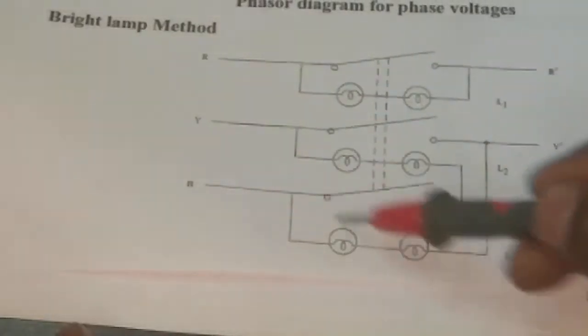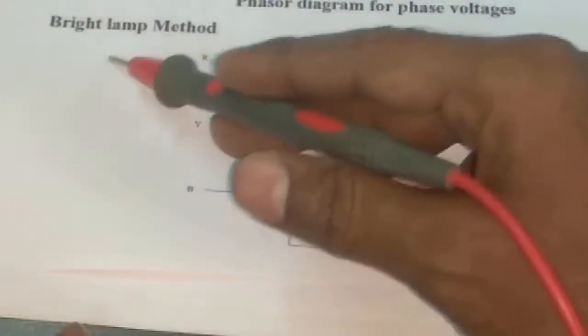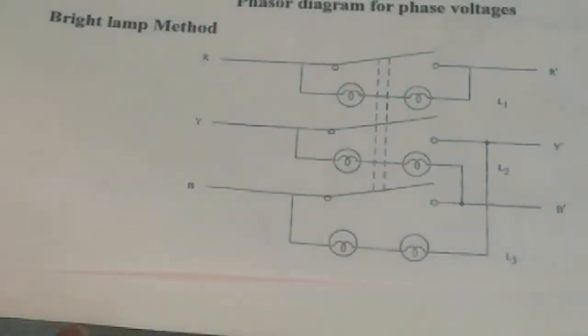This is the circuit diagram for the bright lamp method. And now we will perform two methods here, bright lamp method and synchronoscope method.